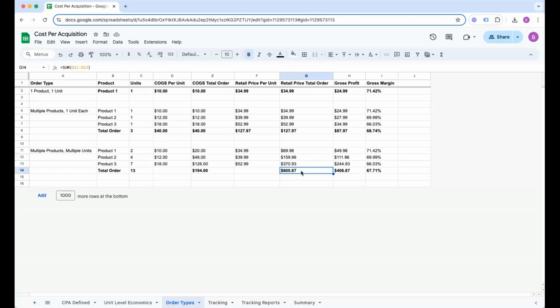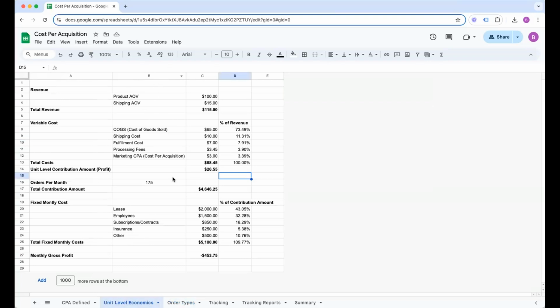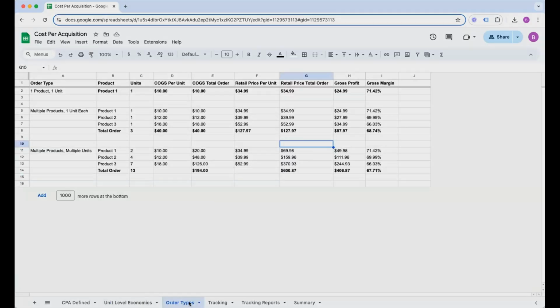So tons of variance among business types, has a lot to do with what you're selling and all those types of things. But just wanted to call that out, because just understand where you fit into the spectrum and relate it back to how you want to model the business in terms of overall average orders, or maybe certain types of products or segments or categories, or however you want to look at it.